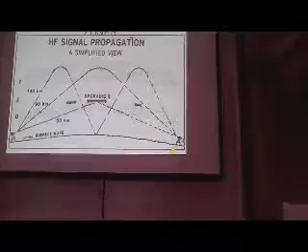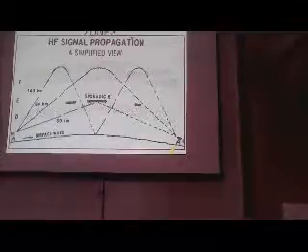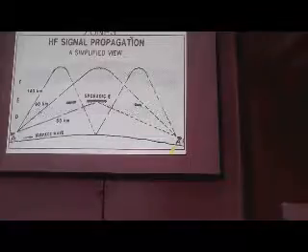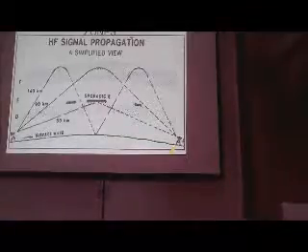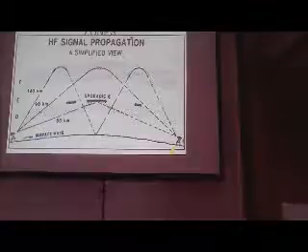The wave going out horizontally gets attenuated because it's just a ground wave and it dies out quickly. The one going vertically doesn't come back, it might go straight out into space.